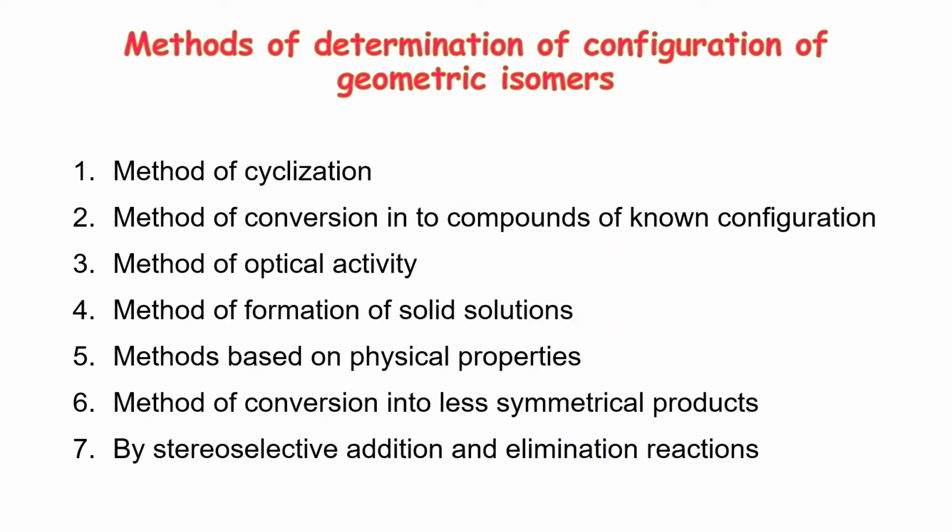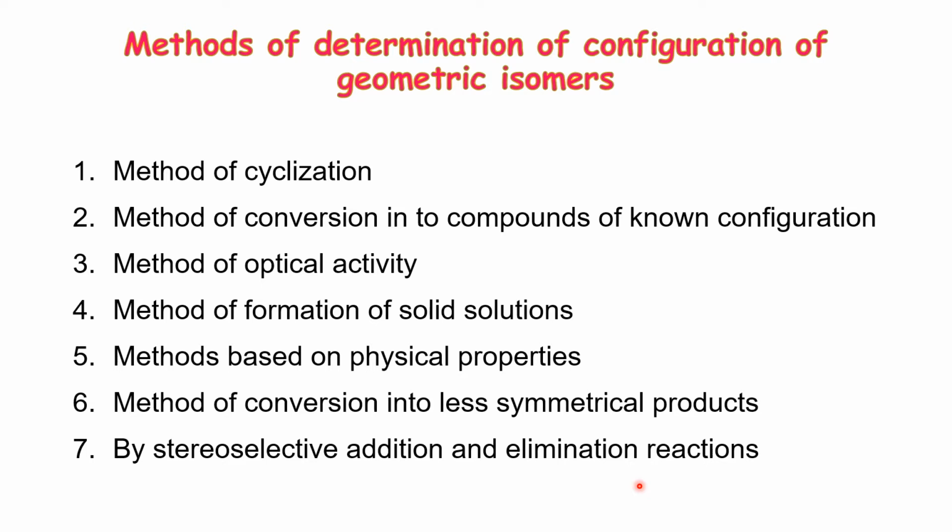There are several methods like the method of cyclization, converting them into compounds of known configuration, method of optical activity, formation of solid solutions based upon physical properties, converting them into less symmetrical products, and stereoselective addition and elimination reactions.